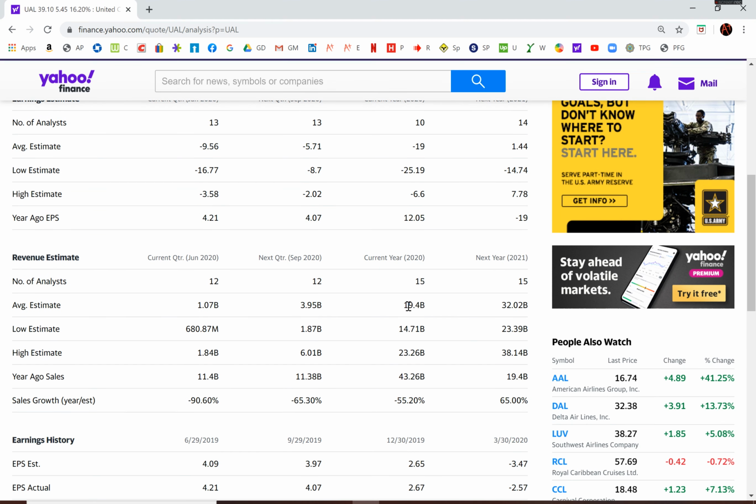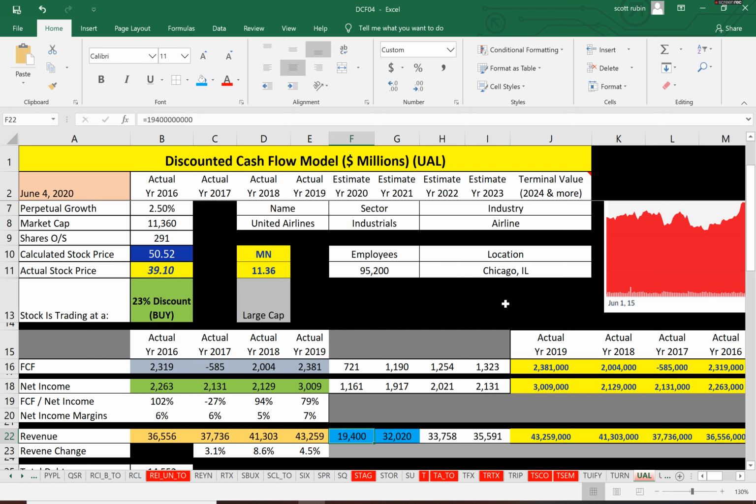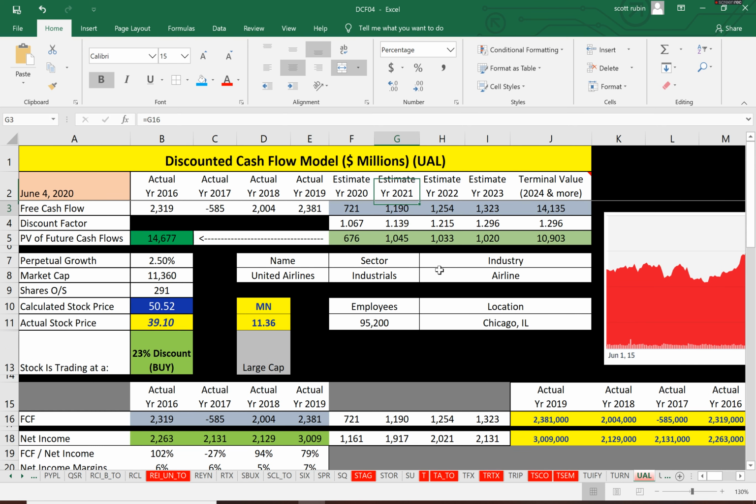So they give revenue estimates, and I took the average revenue for 2020 and average revenue for 2021, and I input that into the model. Because if I didn't do that, the calculated stock price would have been way high, and it just wouldn't have been realistic. So I took the revenue for those 2 years and just put it into the model. So it gave a much more conservative picture.